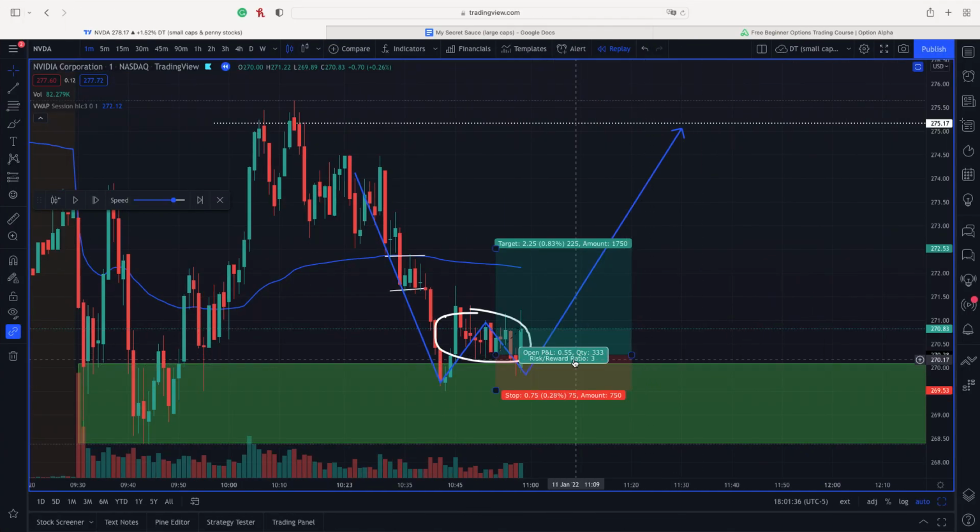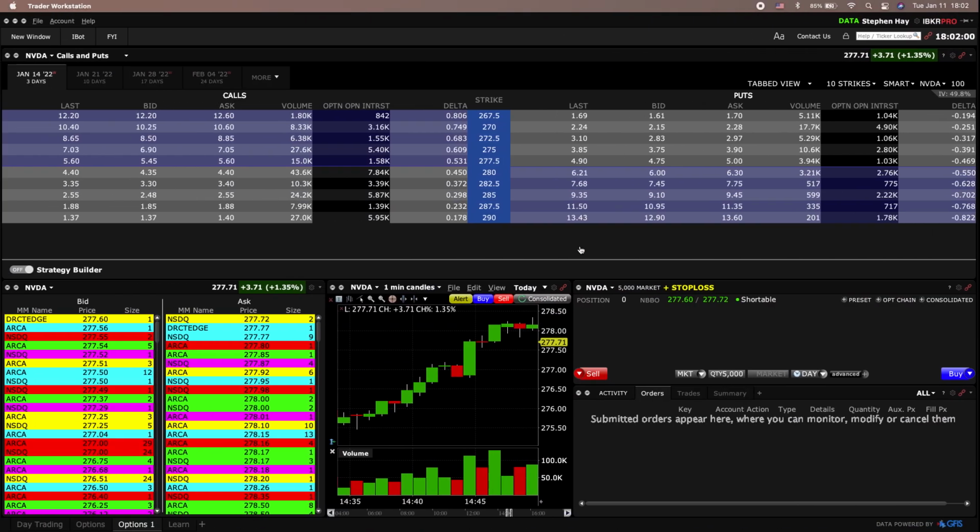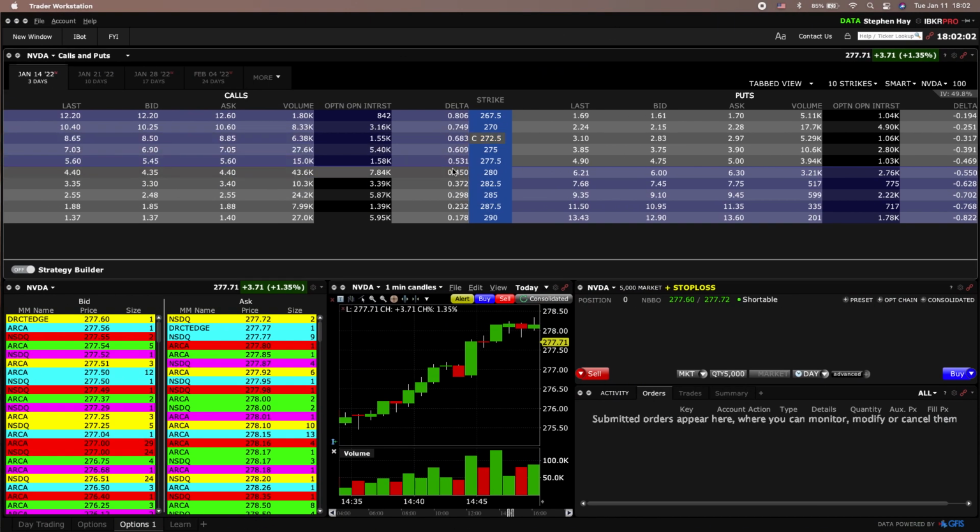So in this case a stop loss is 75 cents, so we're going to round this to $1. If a stop loss gets hit, we're going to lose about $50 here. So if you can risk $200, you can buy 4 of these 277.5 strike calls, because we're betting for the stock to go up, and then you'd be losing about $200.